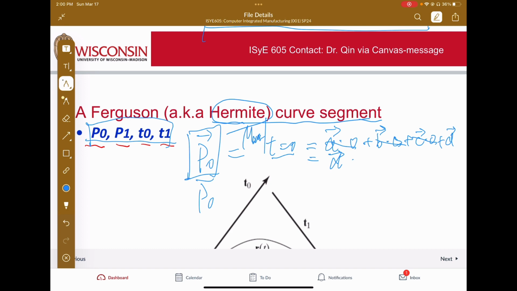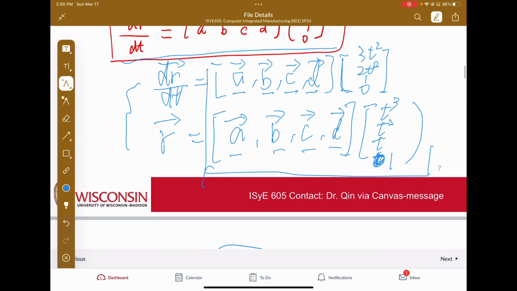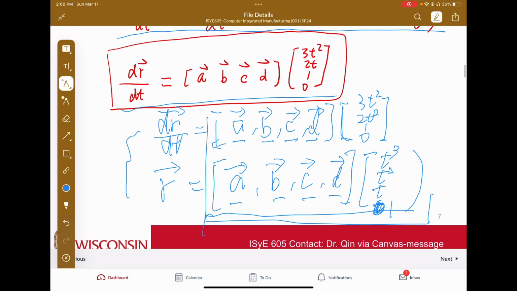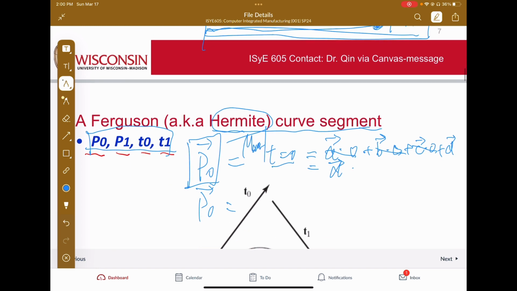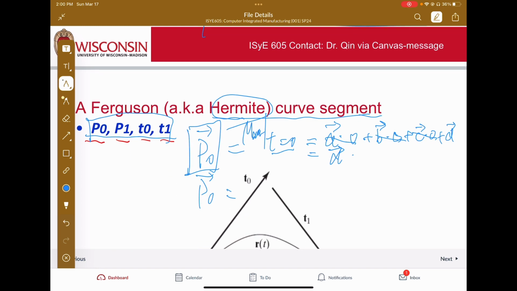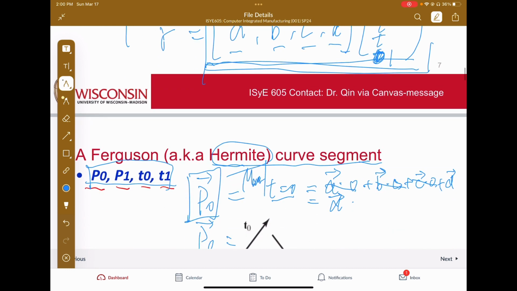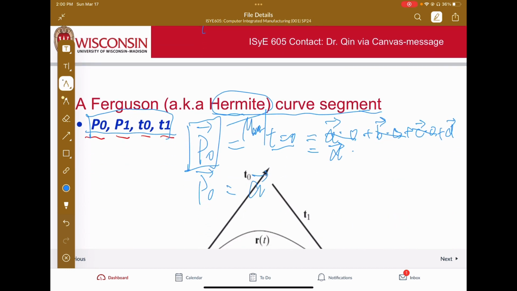So P1 equals to that matrix when t equals to 1. So point 0 will be 1, 1, C, right? So equal to A, B, C, D.